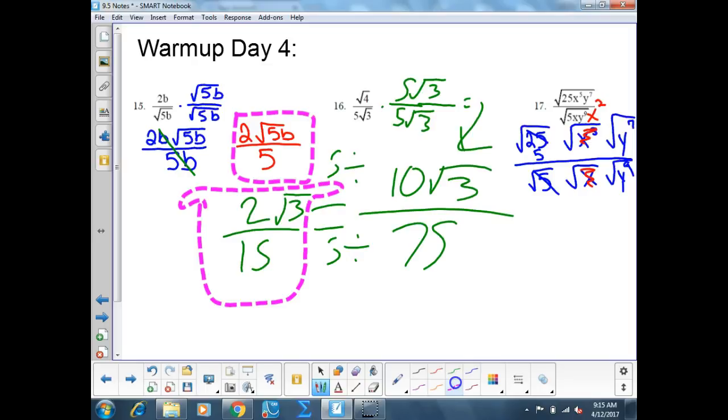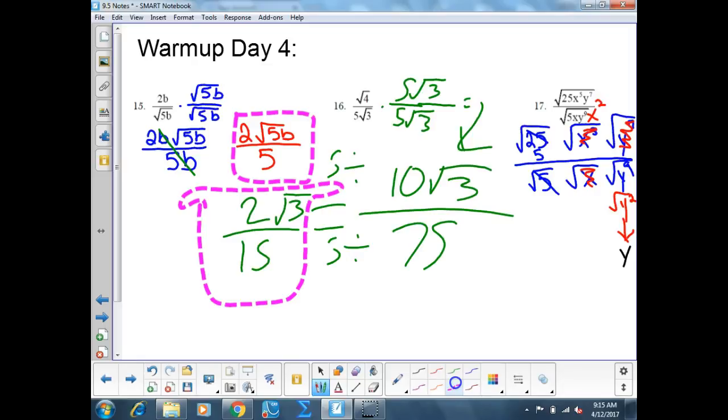Alright, so then this goes out, and that one's just going to be the square root of y squared, which then just becomes y. Triple colors. Okay, so that's y. So then you're left with x squared.